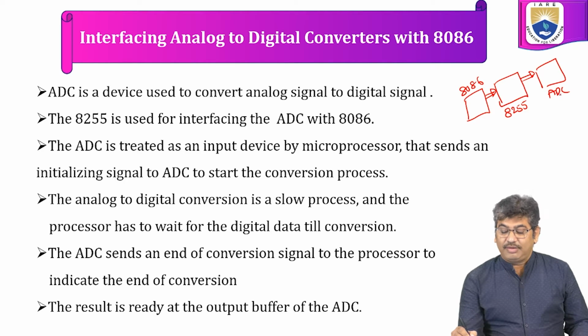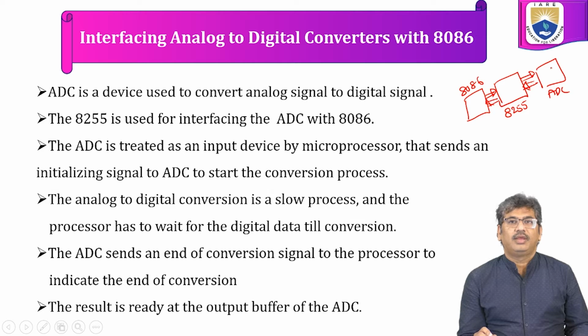Similarly, whenever the processor wants to read data from an IO device, first the data will be captured into 8255. From the 8255, this data will be sent to the 8086 processor. The ADC is treated as an input device by the microprocessor, which sends an initializing signal to ADC to start the conversion process. The analog to digital conversion is a slow process.